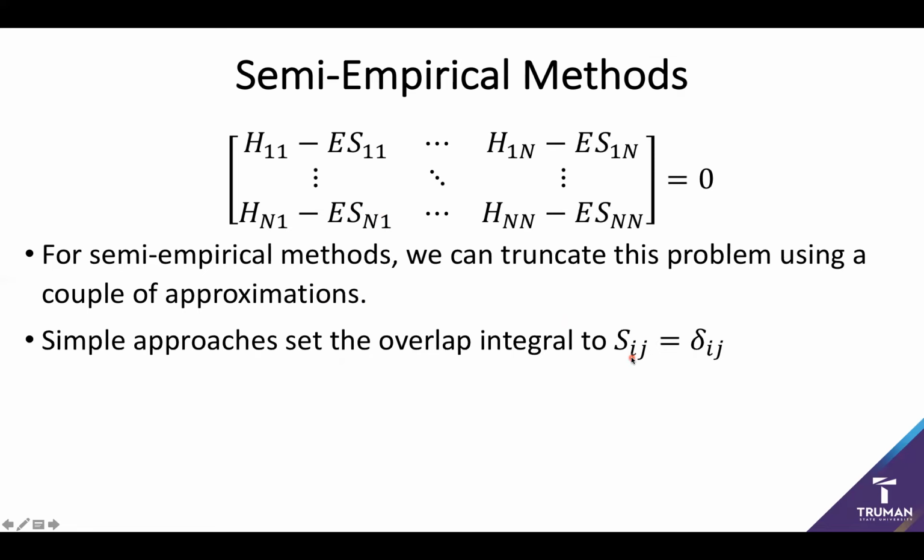So if the orbitals interacting are identical, so my diagonal elements, my overlap integral is 1. If I'm looking at the interaction between two different orbitals, so any of my off-diagonal elements, the value is 0. And as we saw previously, this really helps simplify the description of the matrix, because then all I need to do is take a simple set of eigenvalues and eigenfunctions.